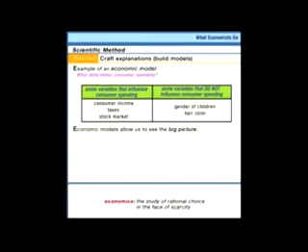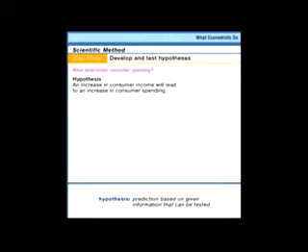Now, once we've got a model, the relationships that we imagine hold among the variables allow us to derive certain hypotheses. Hypotheses are predictions about the way the world works. One hypothesis might be that an increase in consumer income leads to an increase in consumer spending. Now, that hypothesis is something we can test.